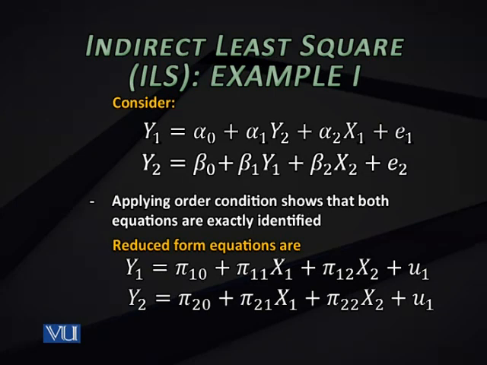So remember, you have all the exogenous variables of the model in the reduced form equation. So Y1 and Y2 give the reduced forms in terms of two exogenous variables X1 and X2. So now what we try to do later is to express the alphas and betas in terms of this pi 1 naught, pi 1 1, pi 2 naught, etc. In the next slide, you will be seeing these expressions.